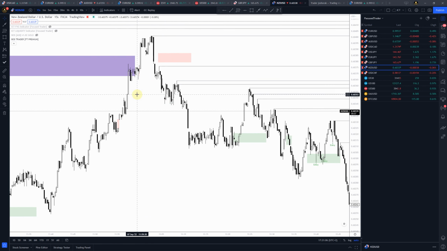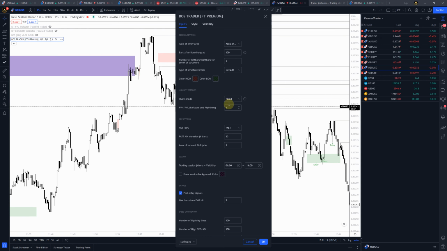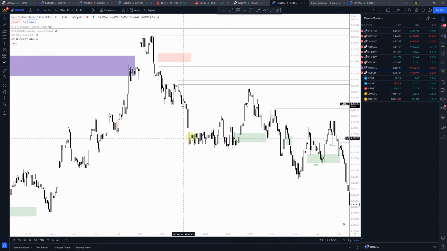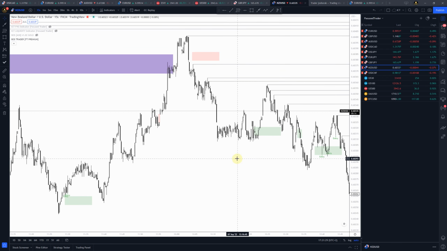How to synchronize that? You can synchronize that in the logic that I'm showing you, because when you go to the structure and we go to structure defined by left bars and right bars, you can see that TradingView has problems defining on these lower time frames what the pivot low is.